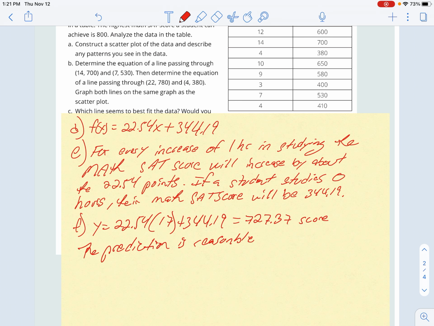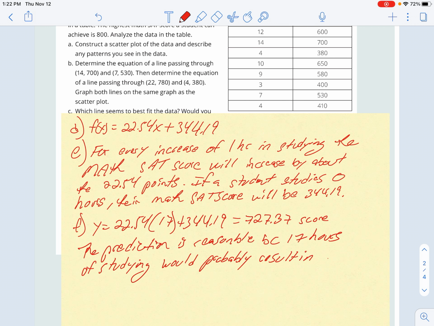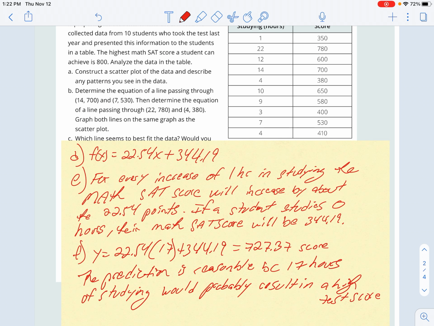The prediction is reasonable because 17 hours of studying would probably result in a high test score. When I look at that 17 and look at 14 and 22, that's a 700 and a 780. A 727 would make sense within that range.